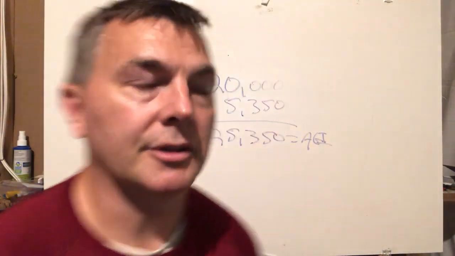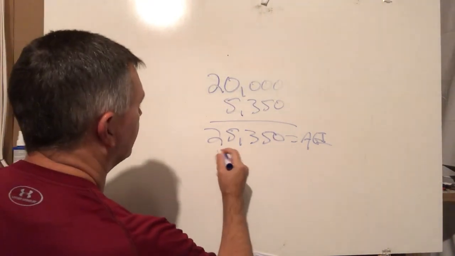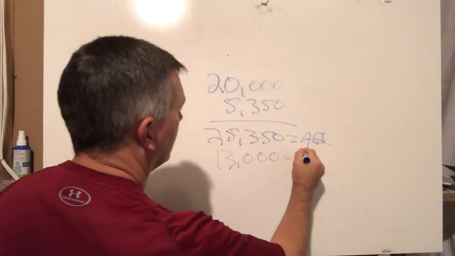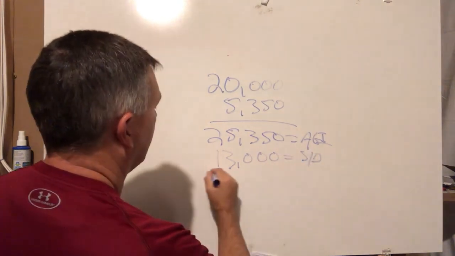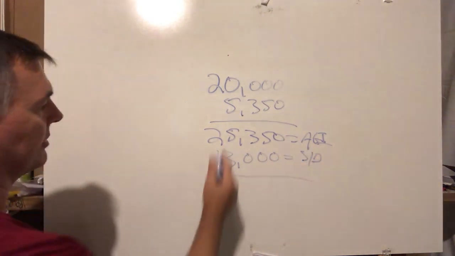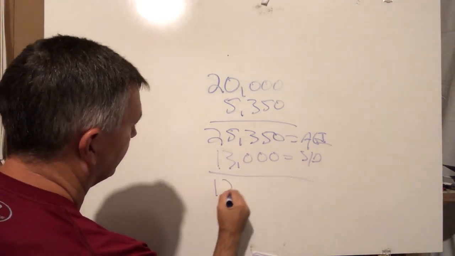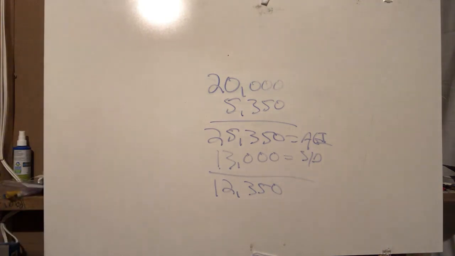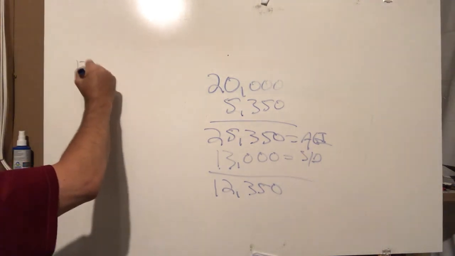25,350. We're going to say is a $13,000 standard deduction. And that gives us a taxable income in this case of $12,350.